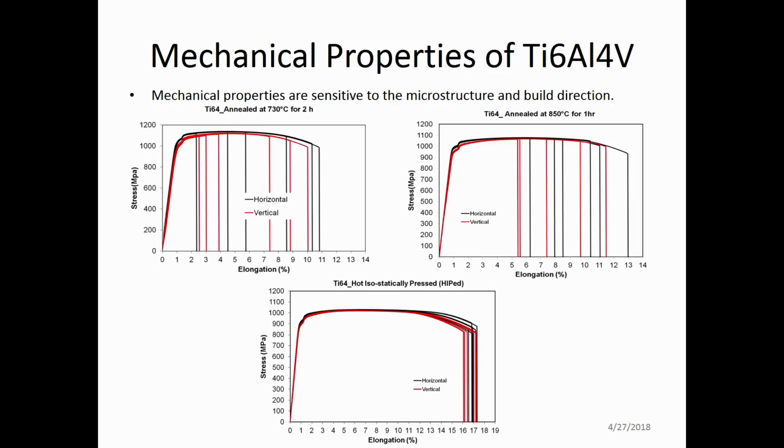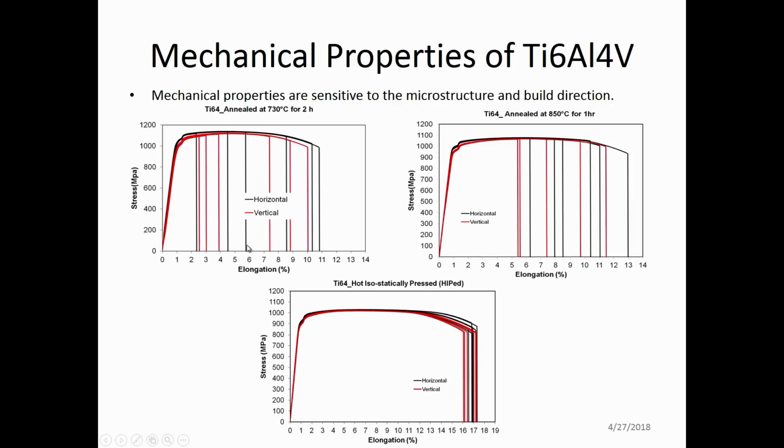And here are some of the problems that you get. So this is the Ti64 material which you made your parts from, and you can see in the top left there, which is almost as-built, so note that we haven't actually got as-built tests here.